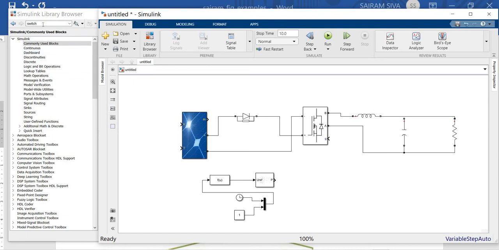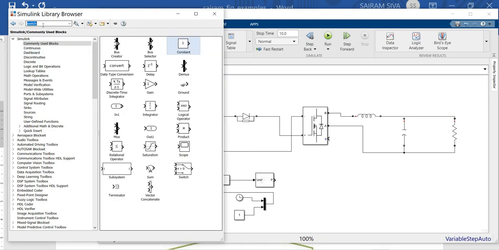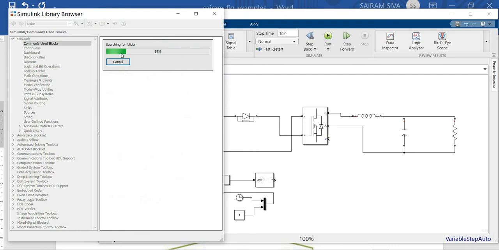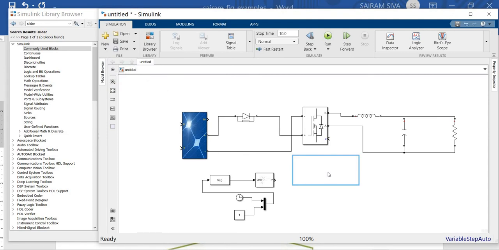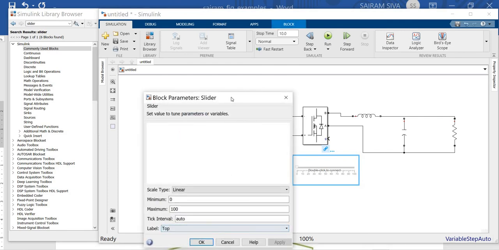How is the value varied? With a slider. You can type and search for the slider. The slider option is available, drag it, and you can get this slider. We are going to connect this slider to this constant.